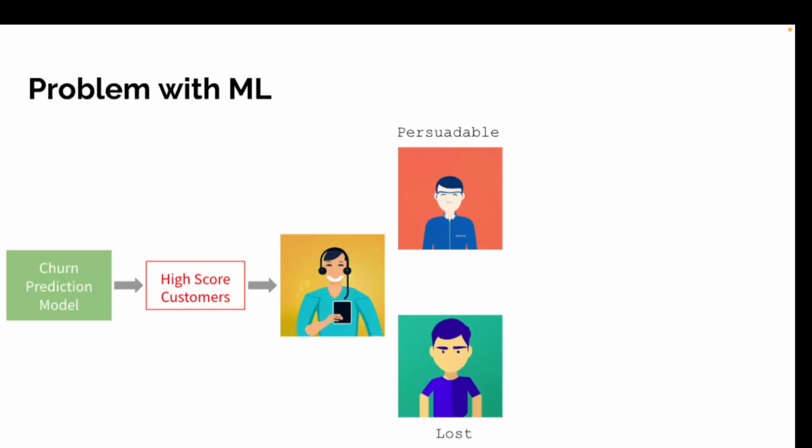So persuadable people will be labeled with zeros because they stayed, right? It's a binary classification problem. So either we have target either 0 or 1. So persuadable people are labeled with zeros because they stayed. And lost people are labeled with ones because they left anyway. So these are our target people.